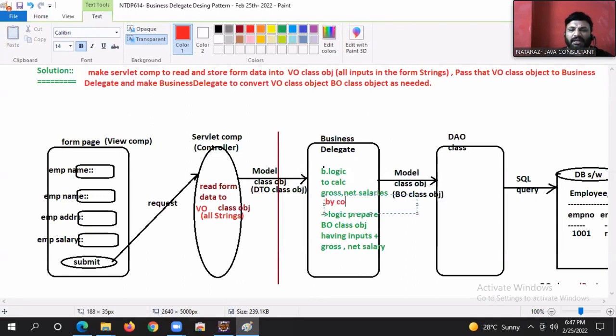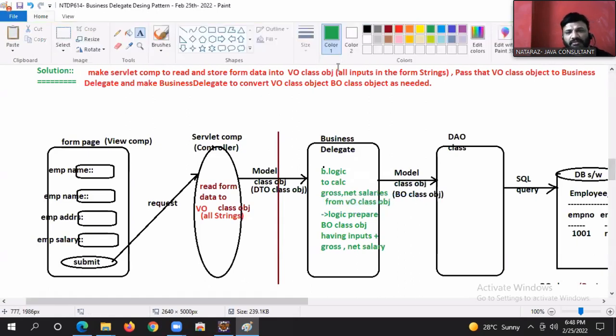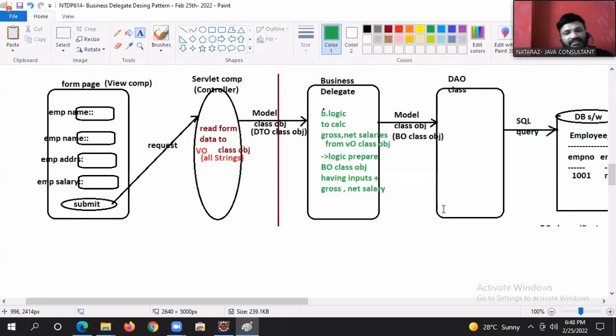Okay. By converting from VO class object. Tell me, guys. What's the next one, guys? Tell me, what is the next story?